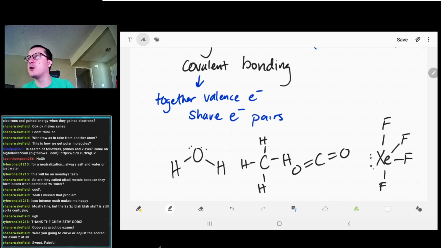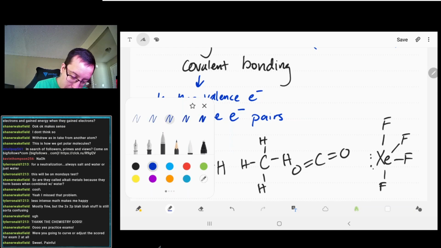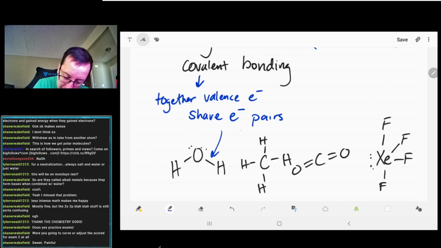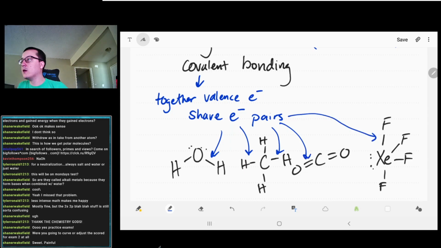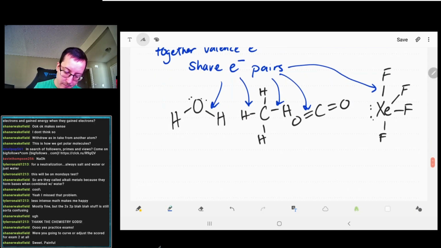We're going to see these covalent molecules kind of look like this. The lines that we see here are all shared electron pairs. So we're going to be able to describe how these atoms are connected together in this chapter. First things first, these are called Lewis structures.